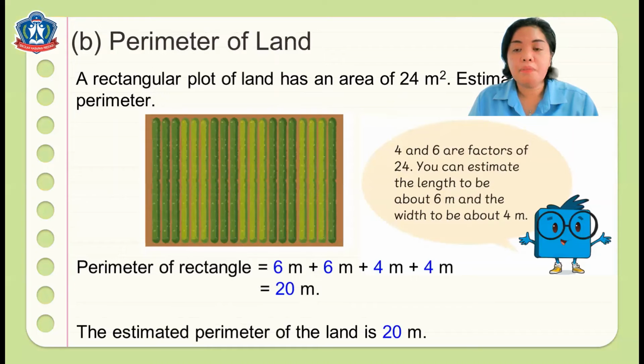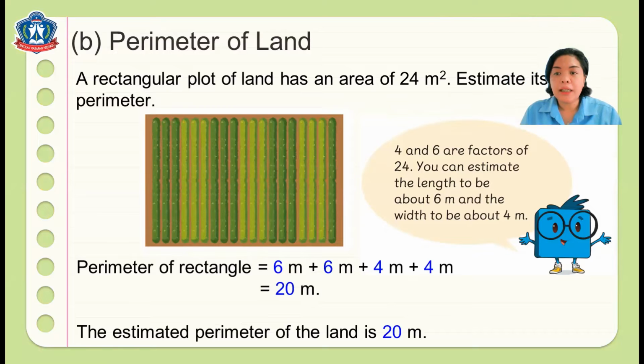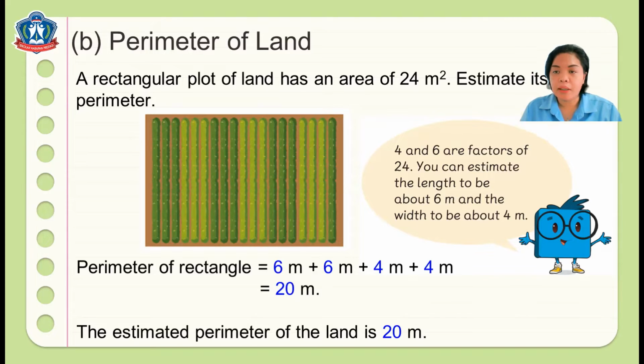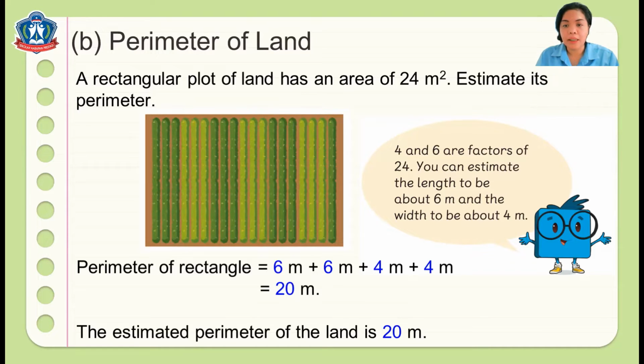Another example, I have here a rectangular plot. Take a look. A rectangular plot of land has an area of 24 square meters. Let's estimate its perimeter. So what is a perimeter? A perimeter is the total distance around a shape. What are the numbers that are the factors of 24 that we can use as the dimensions of this rectangle?